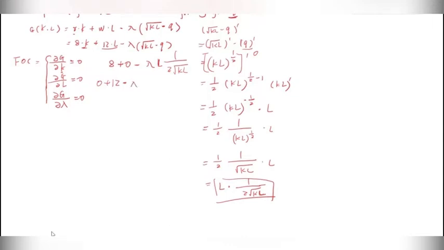Just the same thing, but here it changes to K: K over 2 times the square root of KL. For lambda, the negative square root of KL plus Q equals 0.